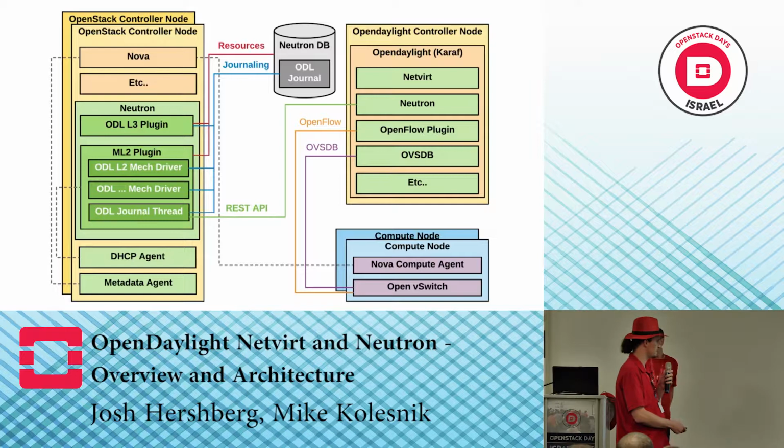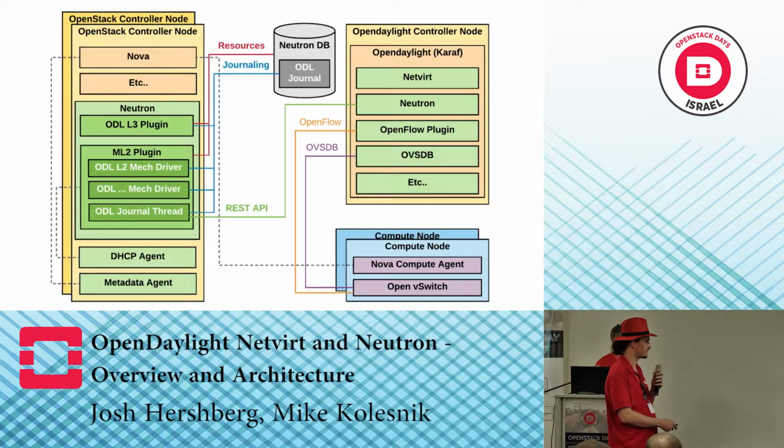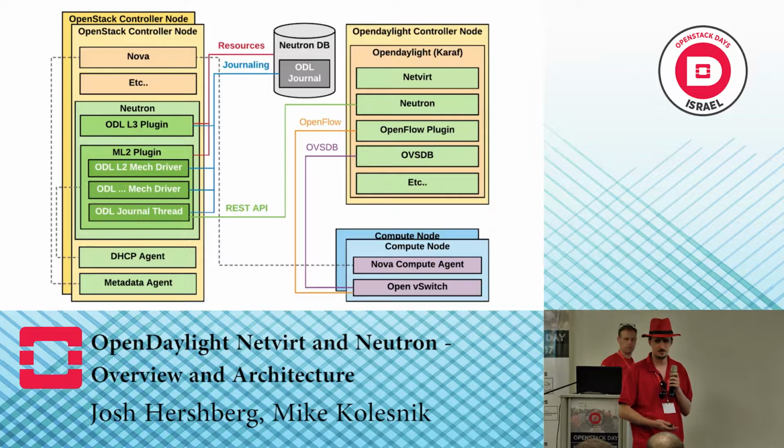Inside Neutron, we have the ODL L3 plugin, basically because L3 currently doesn't have an extensible mechanism like the ML2. So we have a different plugin for ODL. And inside ML2, we have all sorts of plugins. Basically the normal L2 plugin, and then all sorts of other plugins to provide the advanced functionality like BGP VPN, trunk ports, quality of service, all those API extensions.